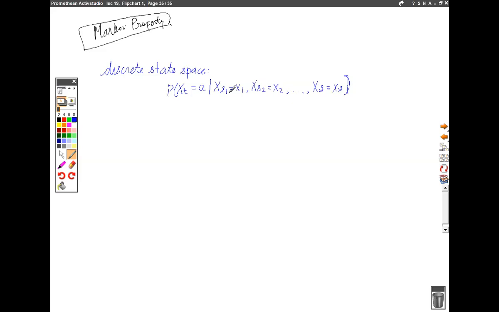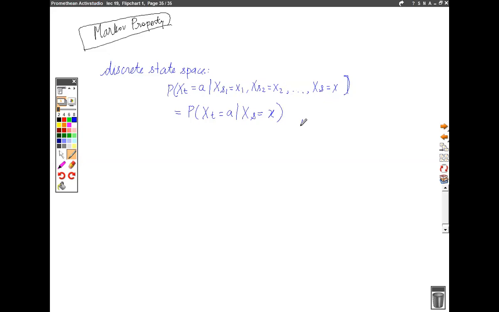And if I say that this xt is a Markov process, then the future development of this process can only be predicted from its latest state that I know. So this will just be equal to the chance that my xt takes value a, given that my xs takes value x. Oh, it should just be s, just for the consistency of notation, this will just be x, right? And that happens in the case of discrete state space.